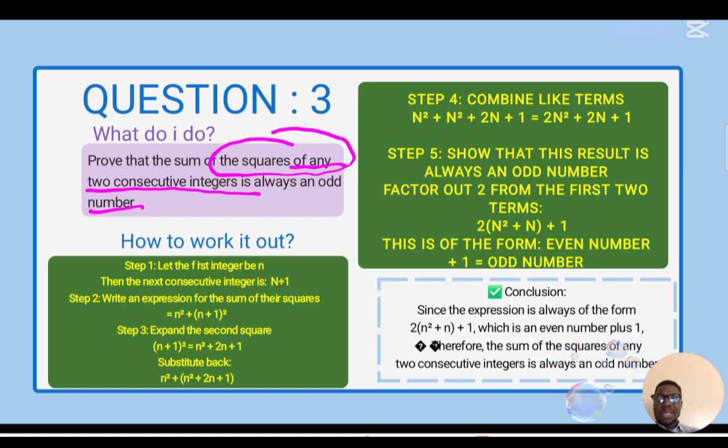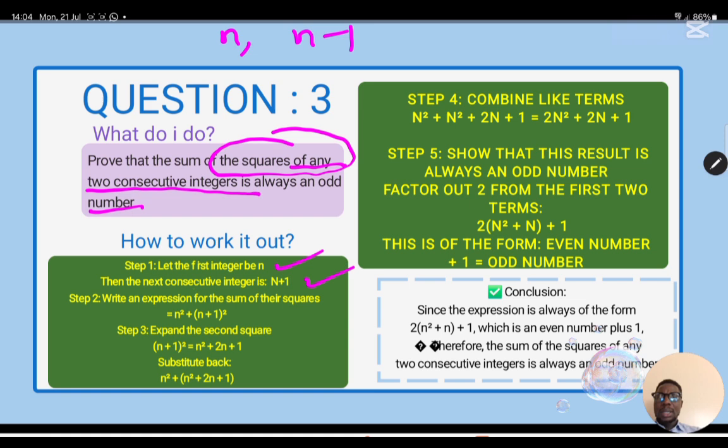The first integer, as I told you the other time, let it be n, then the next integer will be n plus 1. I don't need to explain this again; it is very clear why we do this.